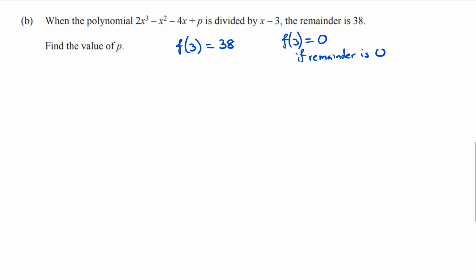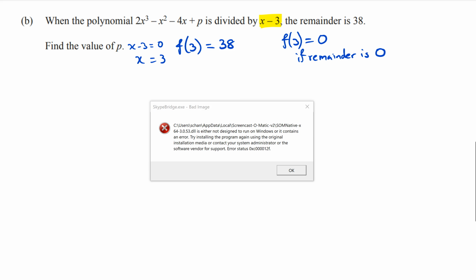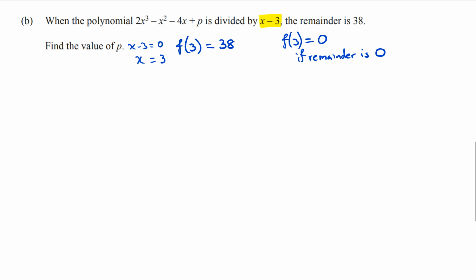And because in this case the remainder is actually 38, we can say that f of 3 equals 38. Now, if you're wondering how I got 3 in there, the first step I should have done is x minus 3 equals 0, x equals 3. That is where the 3 is coming from.